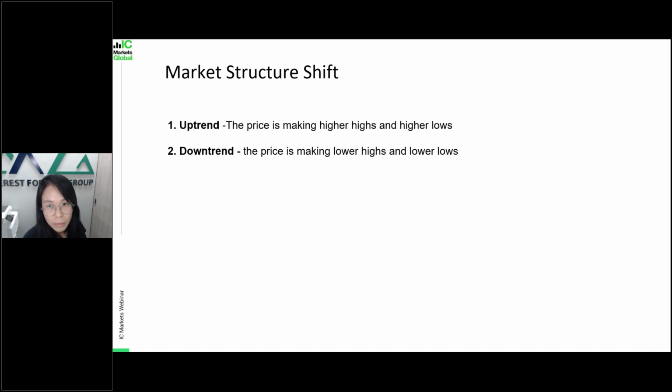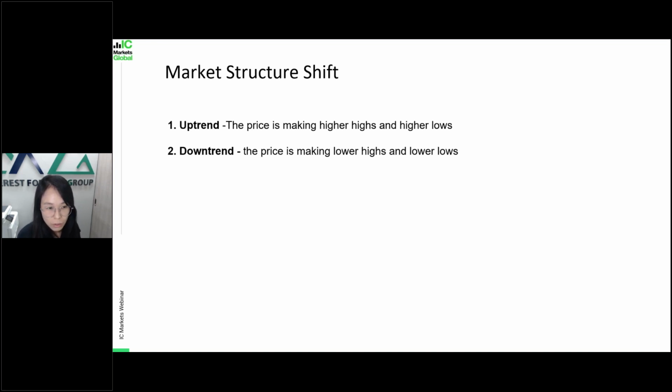And the next concept is a market structure shift. As many traders know, the basics of trend say that in an uptrend, the price is making higher highs and higher lows, and in a downtrend, the price is making lower highs and lower lows. So a market structure shift is represented by a level on the chart where the previous trend is broken.